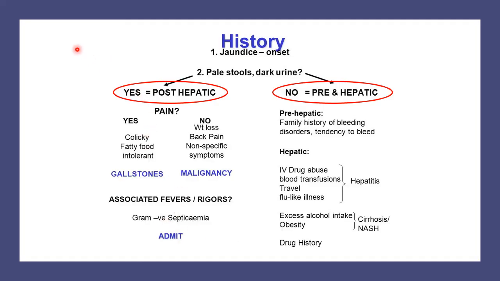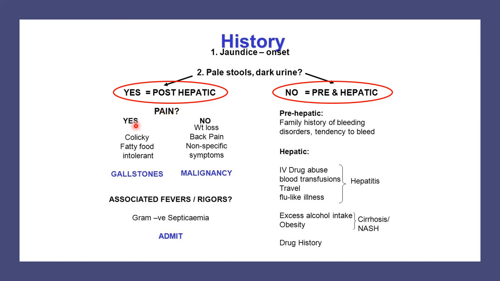So how do you go about assessing a patient? First of all, get a good history to confirm jaundice and its onset. Secondly, look for pale stools and dark urine. If these are present, most of the time it is due to post-hepatic causes, known as surgical jaundice. Once you establish a post-hepatic cause, find out whether there is pain or no pain.